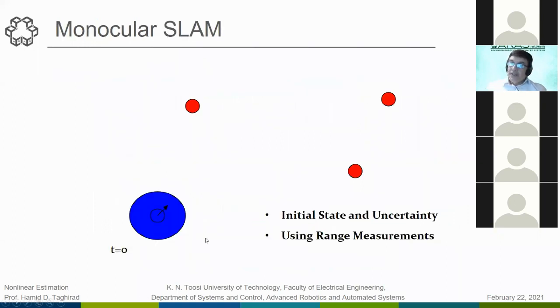As you see, I just graphically show you what the problem is. We have a robot at state 0, the initial state. We don't know where the robot is, so we have an uncertainty here, which could be quite large. And there are some particular points in the space. I just showed it very simply. There should be images and scenes and features.